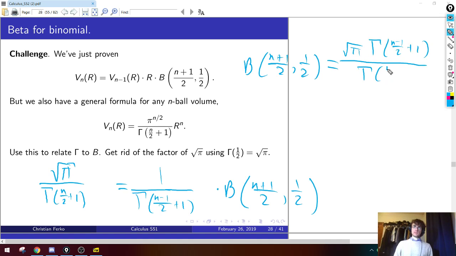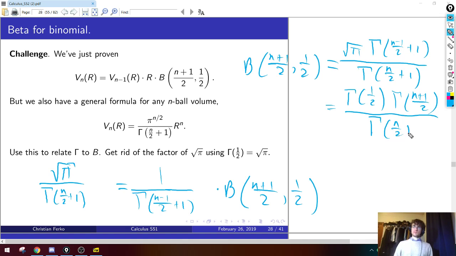And I'll simplify that a little bit. As it turns out, square root of pi is gamma of a half, so I'll use that to substitute in the top. I'll just get a common denominator here. 1 is 2 over 2, and n minus 1 plus 2 is n plus 1. So this is gamma of a half times gamma of n plus 1 over 2, divided by gamma of n over 2 plus 1.